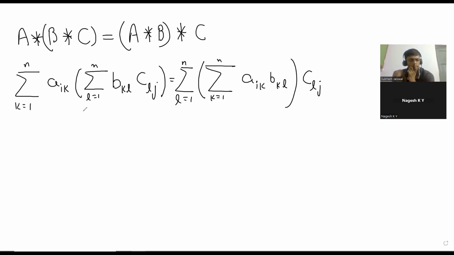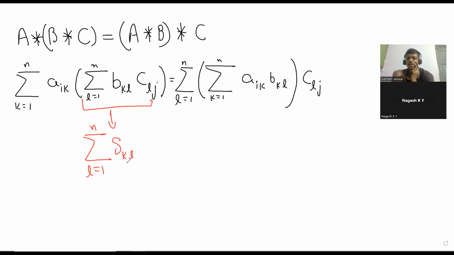So for that, let us just clarify the picture a little bit. Here we have a summation with L going from 1 to N, and this is something which we can just write as S_{K,L}.